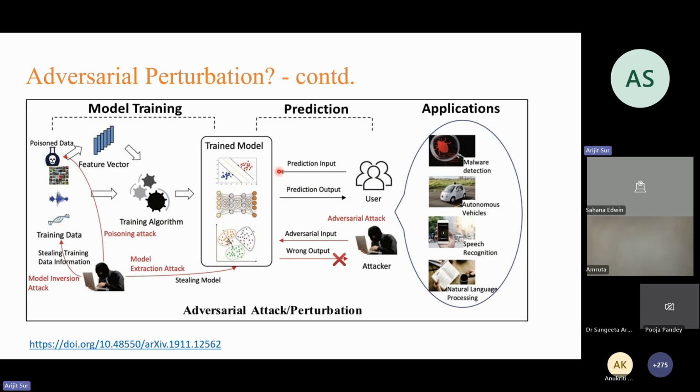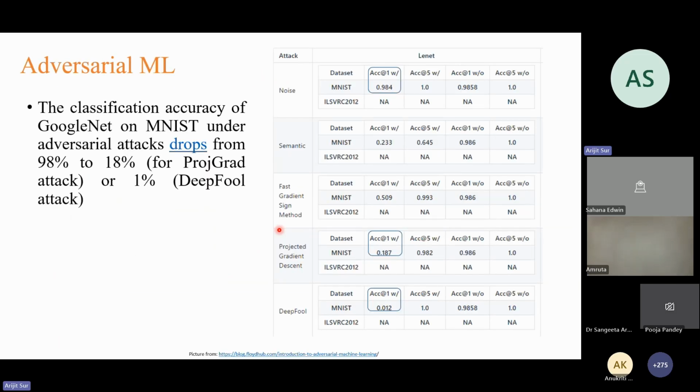But before that we need some idea of what kind of effect these attacks have on classification accuracy, for example GoogLeNet on MNIST. It is substantially downgraded. You can see that if noise is inserted, it is still 98%.